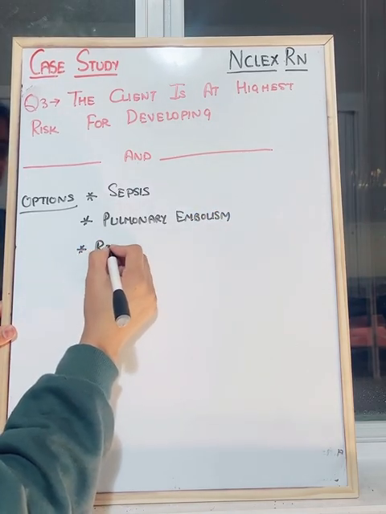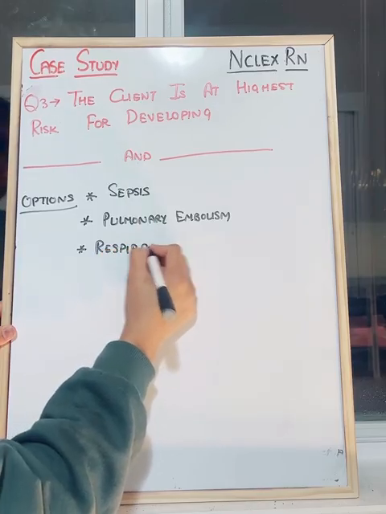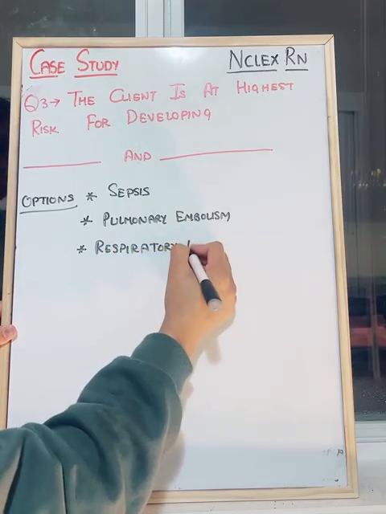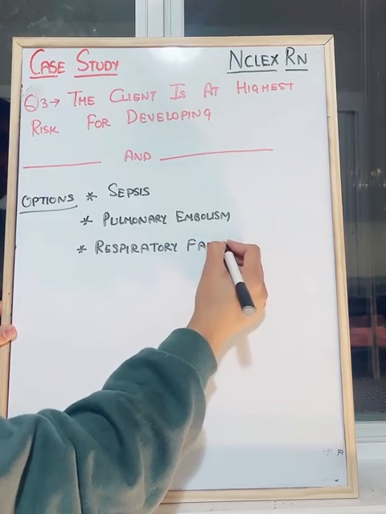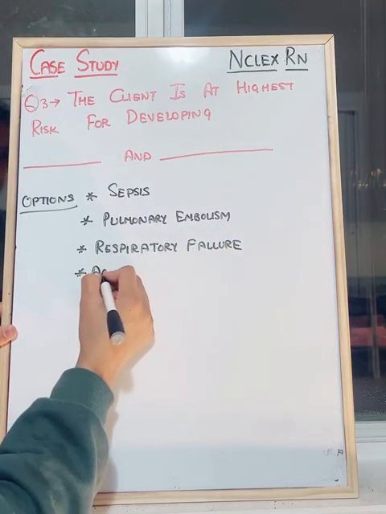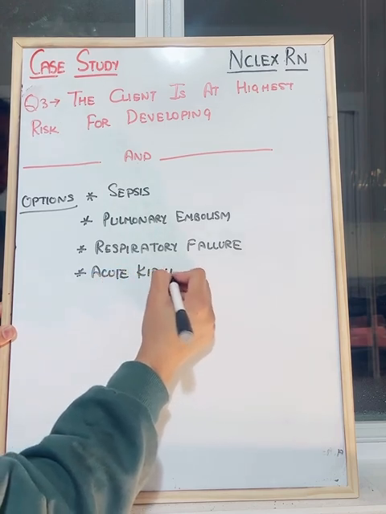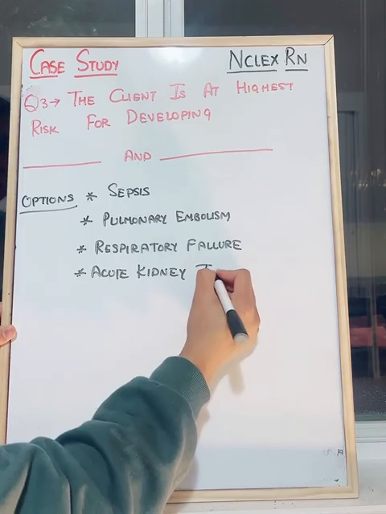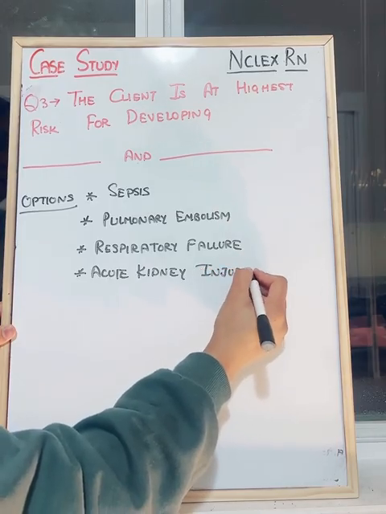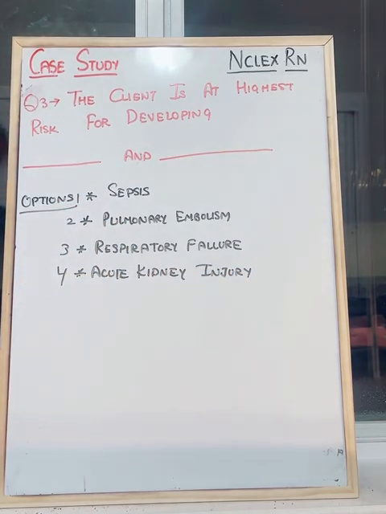Number 3, respiratory failure. Number 4, acute kidney injury.